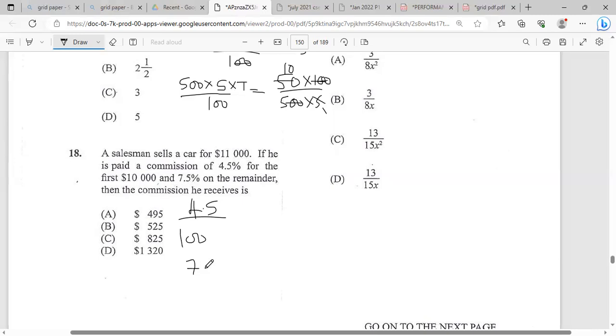So for the first 10,000 we move the decimal point two places, giving 450. Now, if the total was 11,000 and we use up 10,000, that means 1,000 is left, so that's 75.